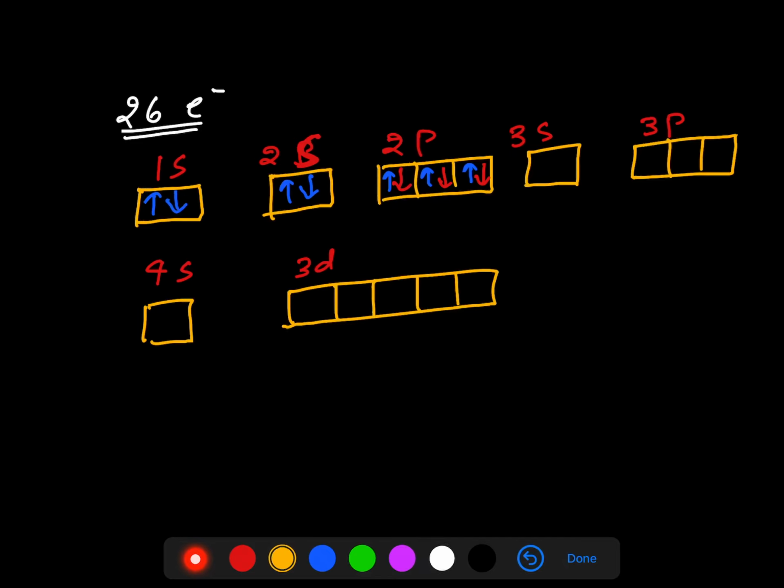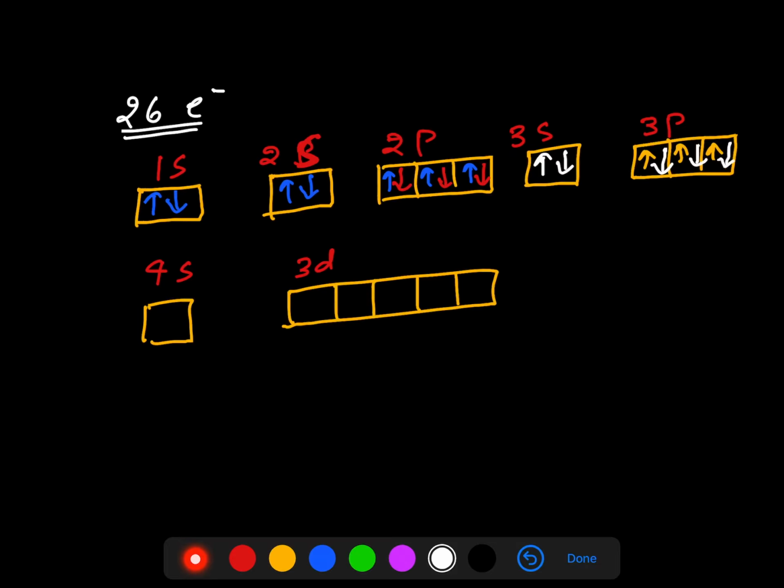Now in 3s, again it will take 2 electrons, right? Now 3p, once again we have arranged 12 electrons so far. Now the 13th electron is here, 14th electron, 15th electron. First they occupy the degenerate orbitals singly, then the pairing up starts, right?